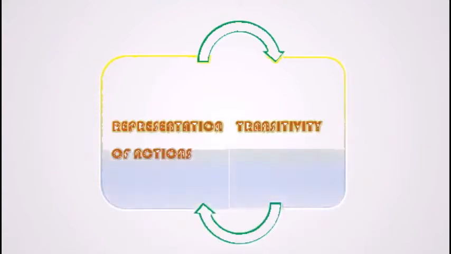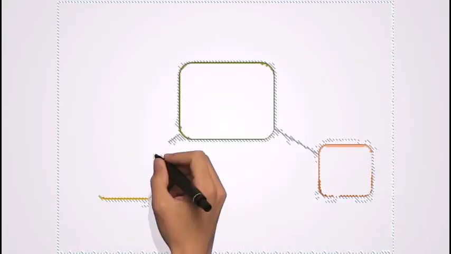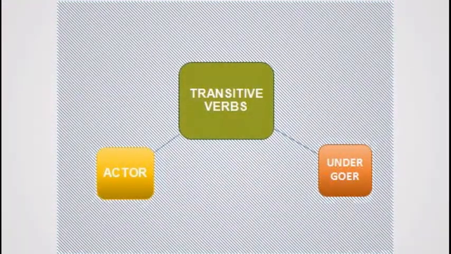In this domain of action concepts, action verbs will be discussed. Transitivity is one of the most basic aspects of the linguistic representation of action. Transitive verbs designate events that involve two core participants, an actor and an undergoer. The actor is syntactically expressed as a subject-noun phrase, and the undergoer as an object-noun phrase.